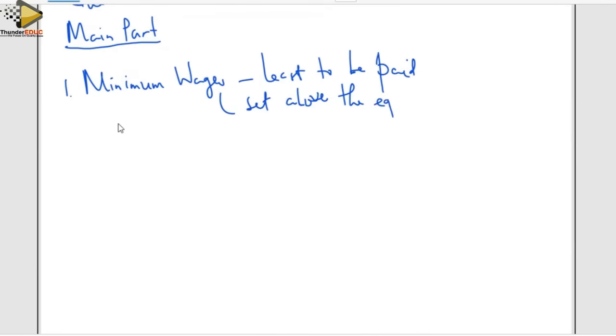Then we also look at the other way of intervention, which is the minimum price. Right, the minimum price: the government sets the price, which is also called the price floor.